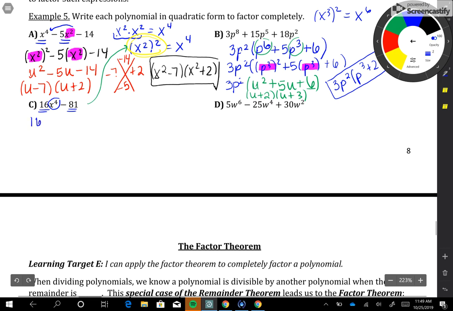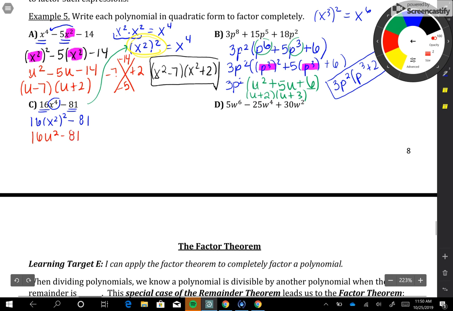So this could be written as 16 times x squared squared minus 81. So you might not have to use the u substitution here, but you certainly can. So you can do 16u squared minus 81.